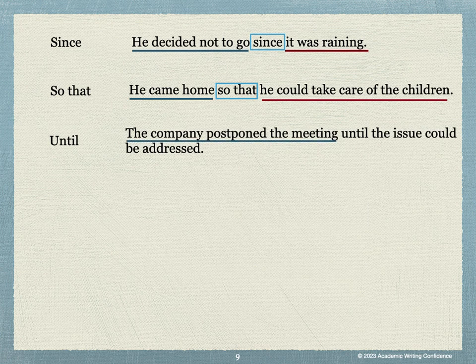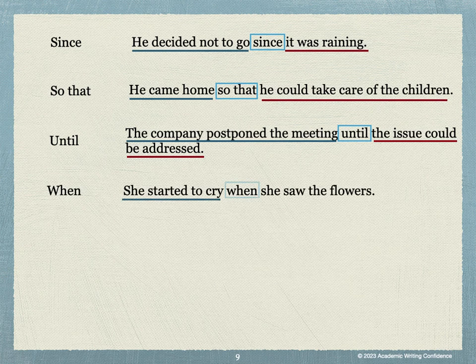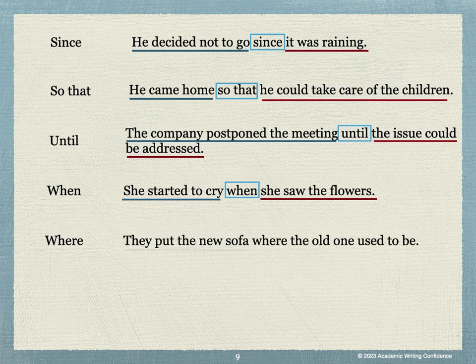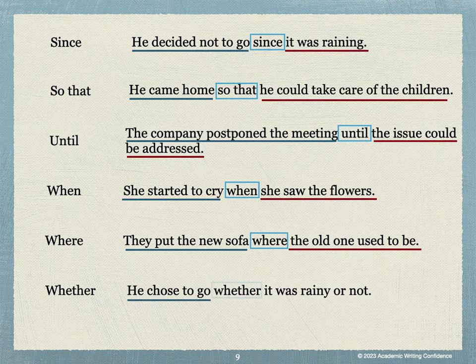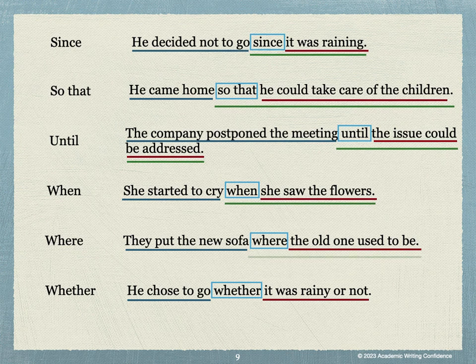The company postponed the meeting until the issue could be addressed. She started to cry when she saw the flowers. They put the new sofa where the old one used to be. He chose to go whether it was rainy or not. Again, you can see that these subordinating conjunctions connect two independent clauses, making the second sentence into a dependent clause.